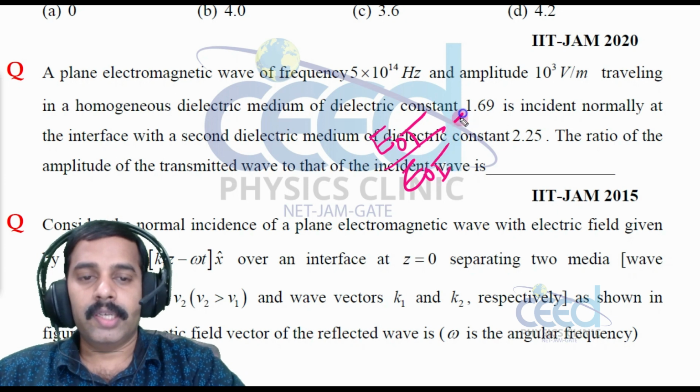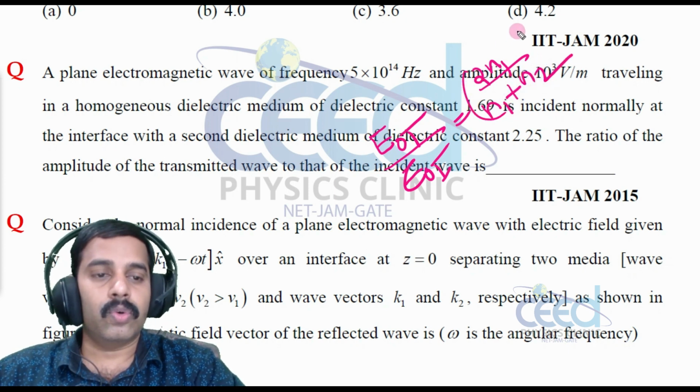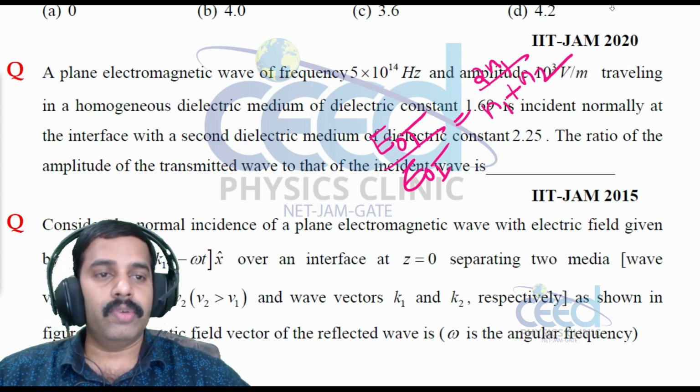So we have studied an equation for this, that is 2N1 divided by N1 plus N2, not whole square, this much alone, right? So this is the equation we have studied.